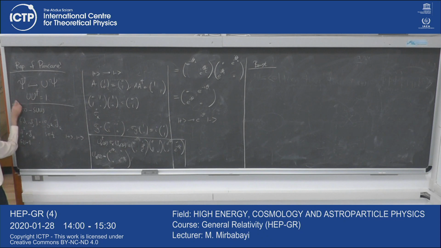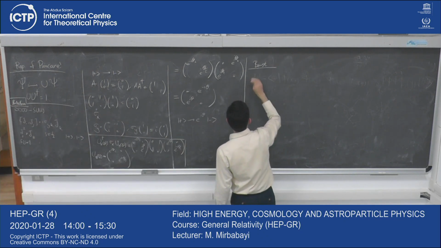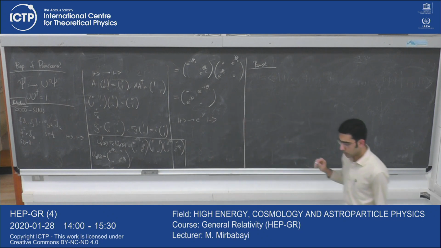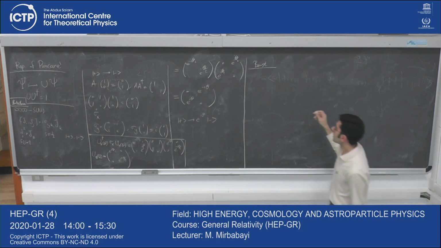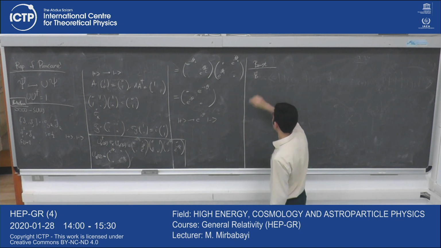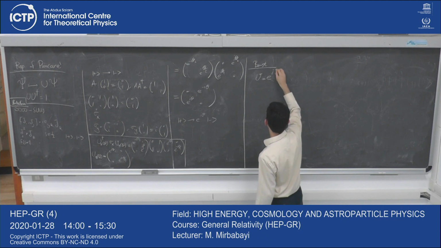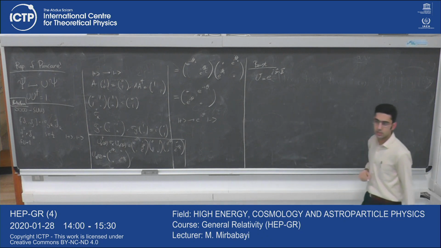So here we were doing rotation. Now we want to find a boost operator. We have unitaries, and there's a Hermitian operator B, which is the generator of boosts.